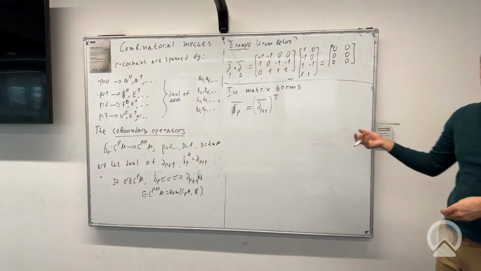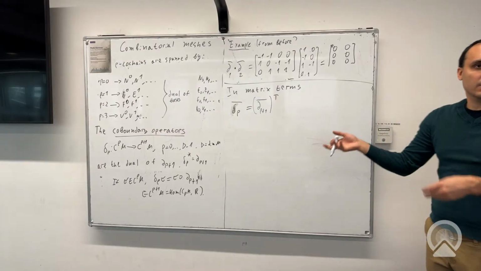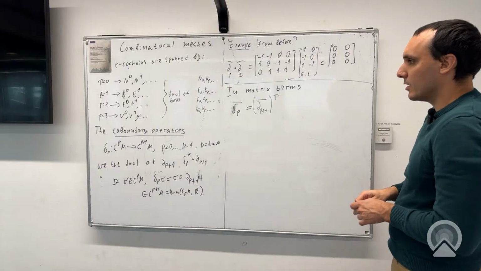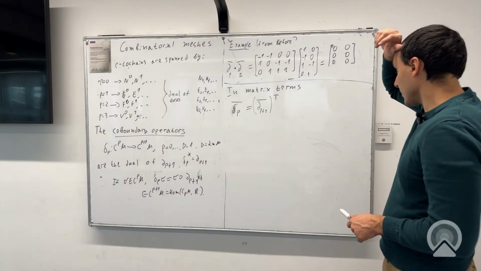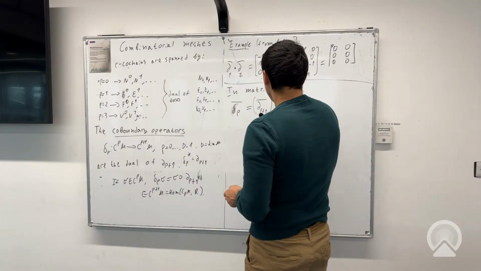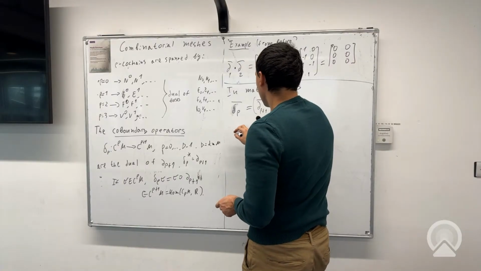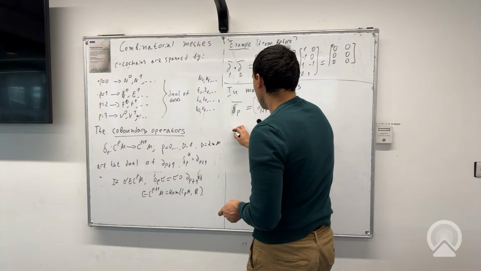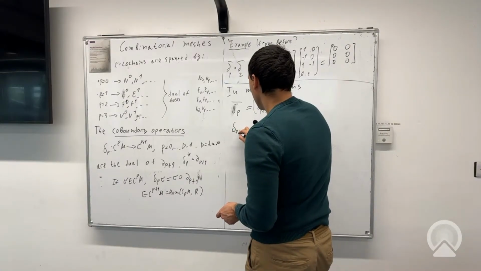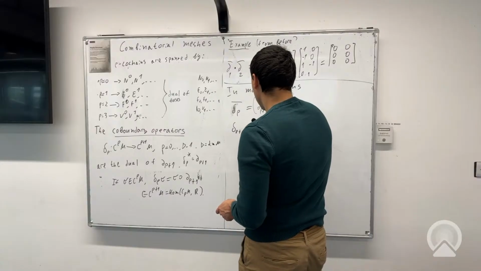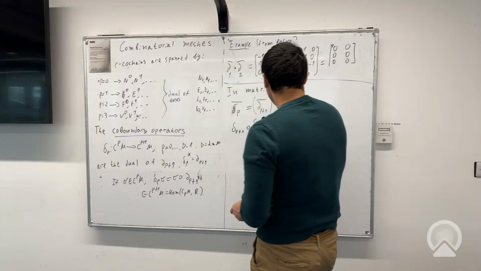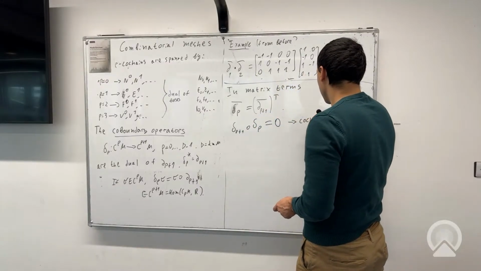I proved such a theorem long before in algebraic topology. So this is a particular case. So for example, we have delta_{p+1} composed with delta_p equals 0. So this is the cochain complex property.